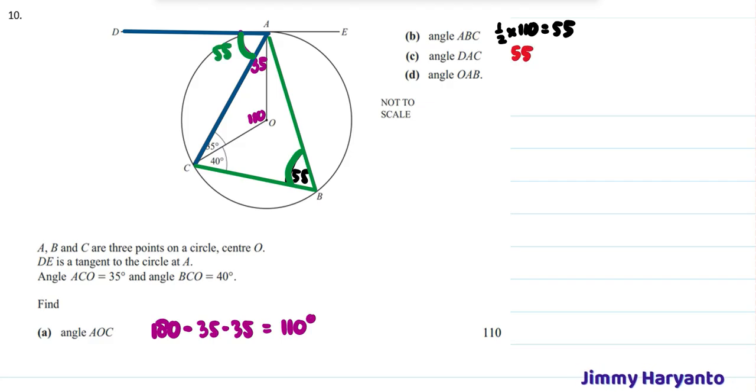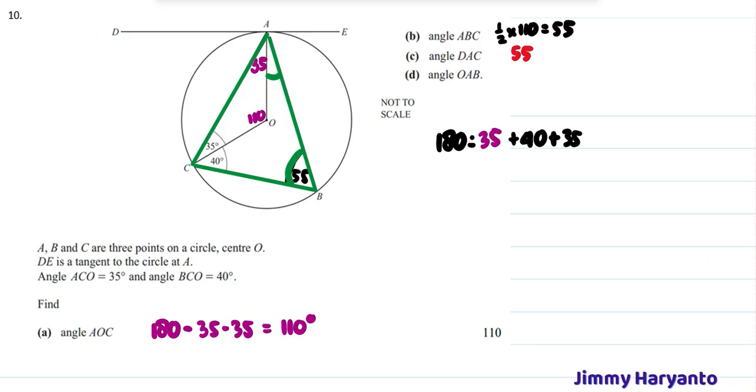Then OAB. To find the OAB, you have to use this triangle OAB. Okay, the question wants you to find this one. So the sum of angles in a triangle is 180, right? So 180 equals 35 plus 40 plus 35 plus 55 plus OAB.